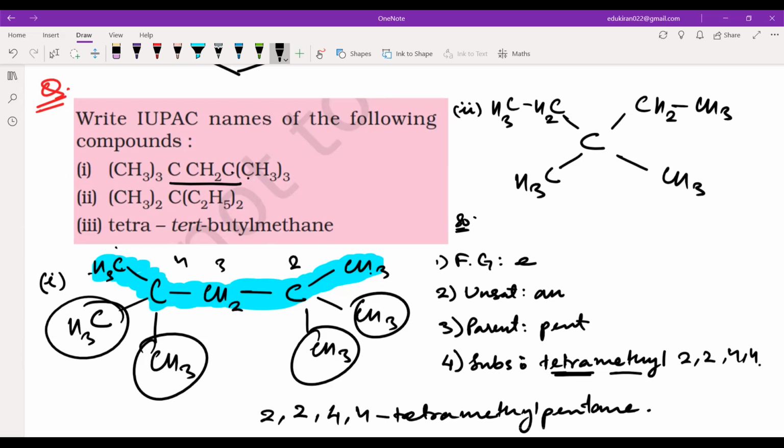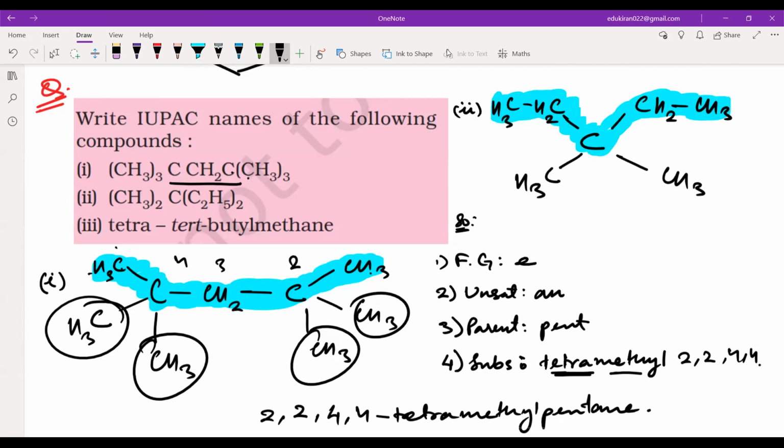For this one, did you guys write the name? Samira, Hishma? Yes or no? The second one, Samira, how many carbons? 5 carbons here also, right? You start from here, and at this terminal you will go this side. So 5 carbon atoms.